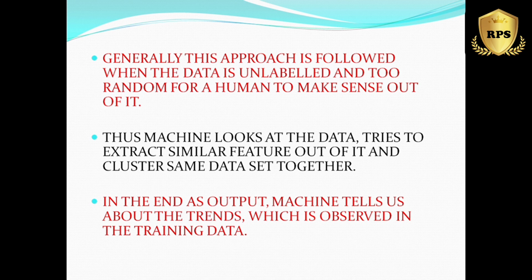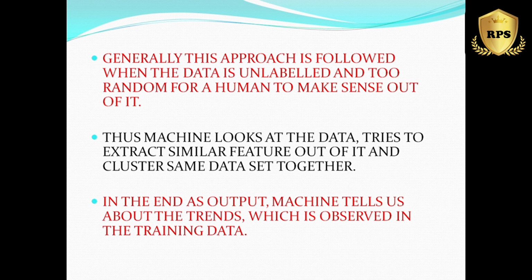Because if data is very large, humans take too much time and time is so expensive. The machine can do these things quickly, and that's why we have created the learning-based approach, so that the machine can take out the pattern and relationship out of it.